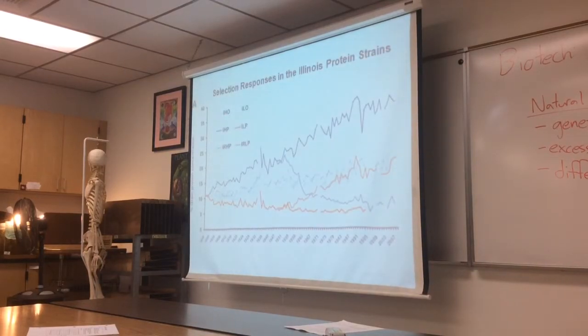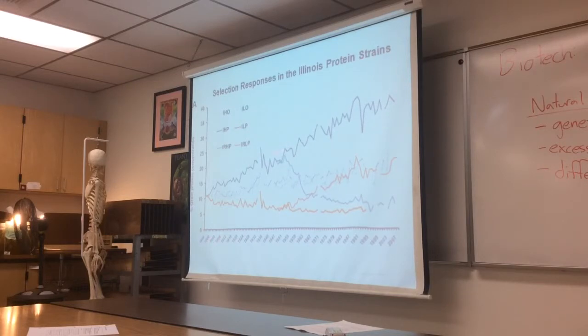And so you can do this for a lot of different traits. This is an experiment from the University of Illinois, which is where I went to school, so I figured I'd put it up there. This is actually one of the longest running biological experiments in the world. It has been going on since 1896, so that's over here on the left.